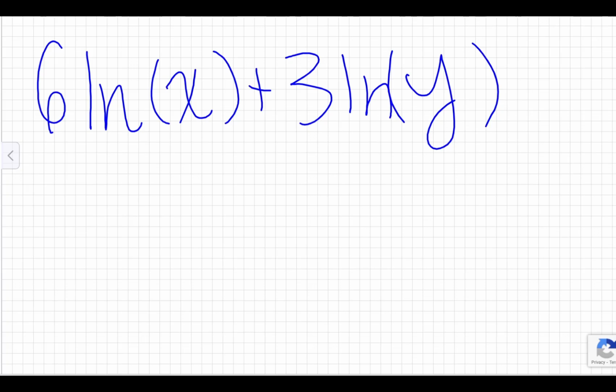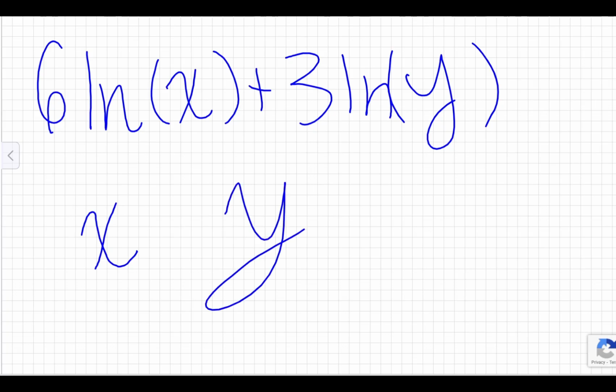So we would use the power rule. We see that there's a 6 in front of here and a 3 in front of here. So we can assume that these are exponents to the answers. We can just write our answers as this and this.